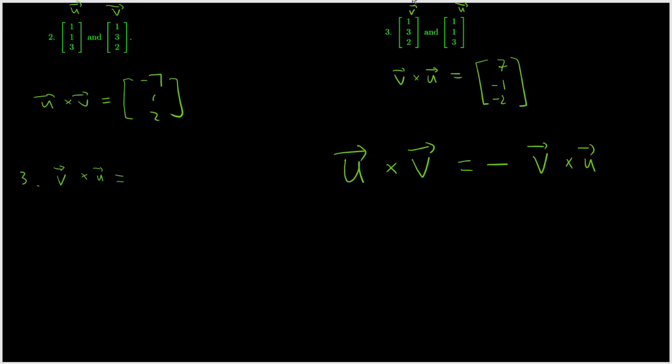So by that we mean if you get the opposite of all the components, then you have the cross product of v and u. You see what I mean, right? 2 and 3, the same 2 vectors, but for the cross product, the order is different.